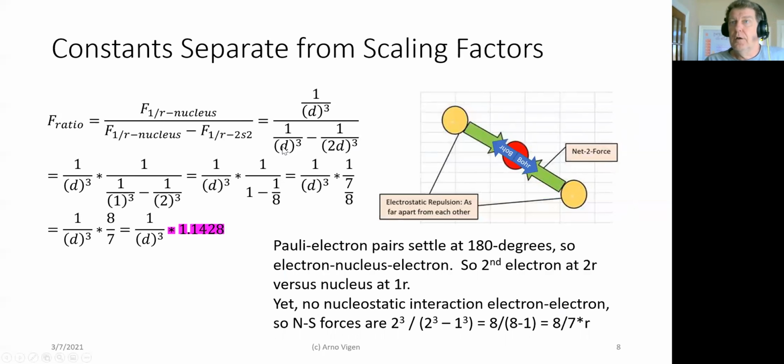And so there, you've got distance cubed times 2 over distance cubed equals 1 squared here and 2 squared here. So it's 1 minus 1/8 or 7/8. Okay, but if you do that, if they're pushing each other and one is reduced by 7/8, the distance is going to result in that flipping to 8/7.